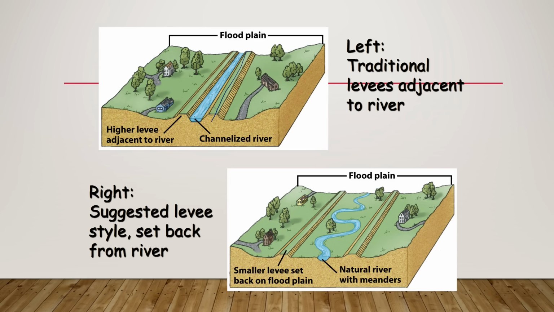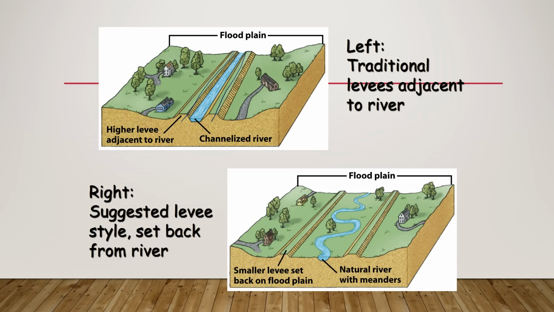Okay, so one of the things we've learned is our traditional levees adjacent to a river, we channelize that river, right? And the reason we do that is that it lets water move through quickly. And part of the problem with flooding is the river system can't move the water through fast enough. All right? And so when you channelize something, you allow it to move through faster. So that's exactly what we've done right here in Walla Walla.